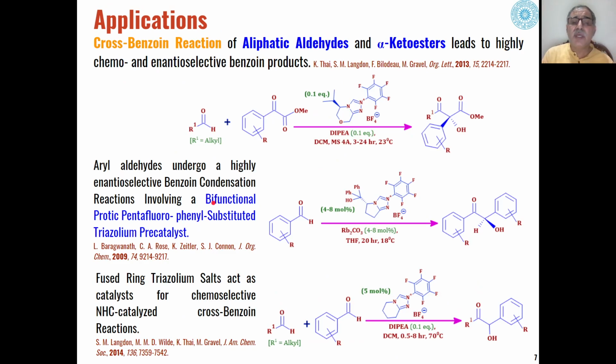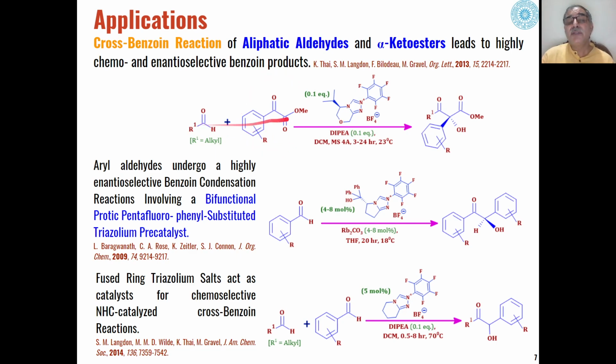Similarly, we can also get cross-benzoin condensation products when we react aliphatic aldehydes with aromatic aldehydes, or aromatic ketones, or aromatic ketoesters.